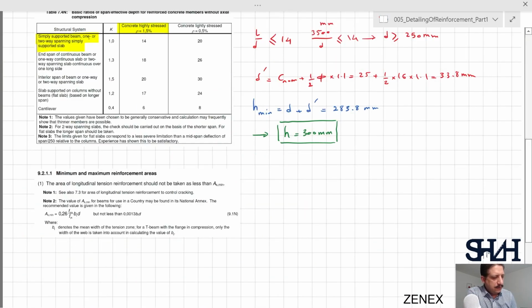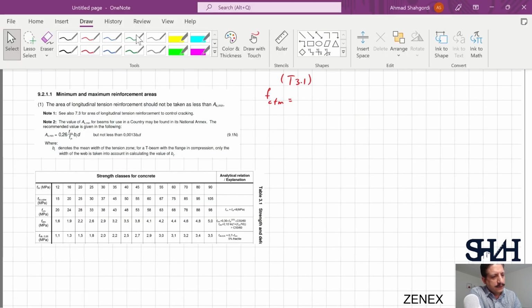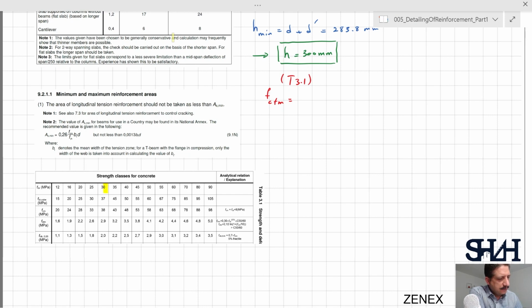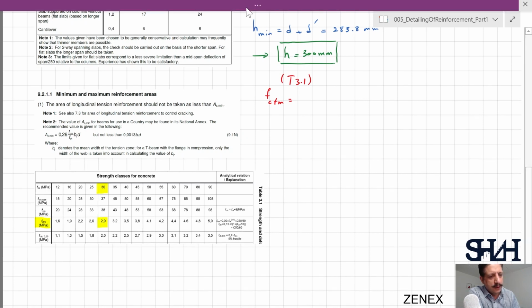For this, we need to calculate what is FCTM, which is coming from table 3.1. So from the concrete class, which is C30/37, we can find out FCTM, and it's 2.9 megapascal.